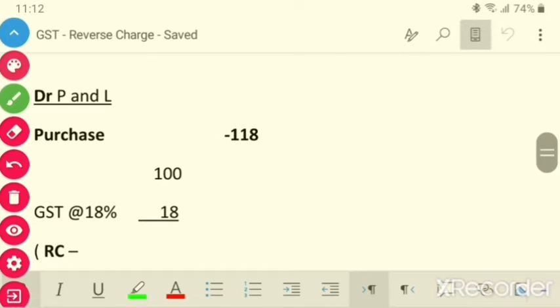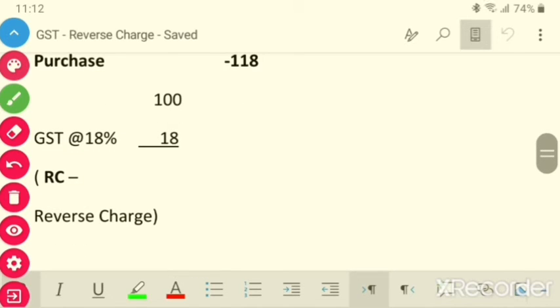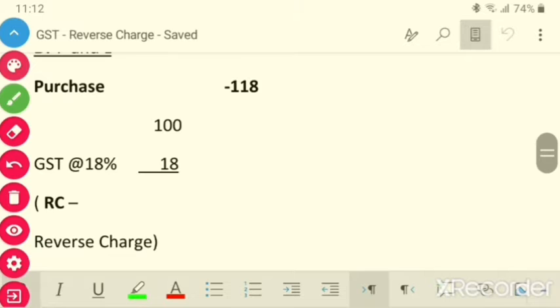Purchase 100, GST at the rate of 18%, that is reverse charge. In this case, stage 2 seller has purchased from unregistered dealer without GST.